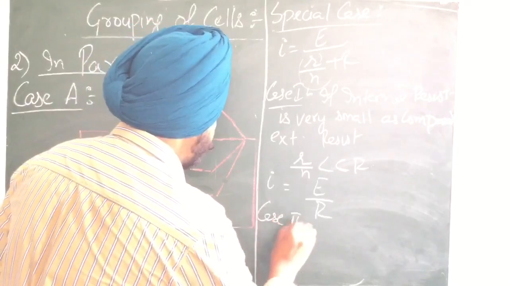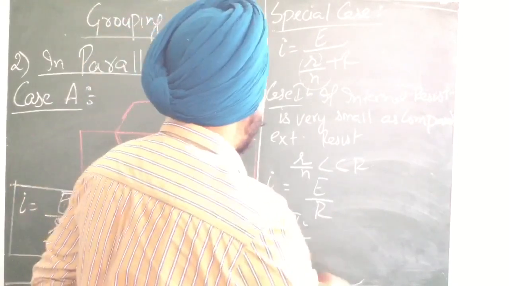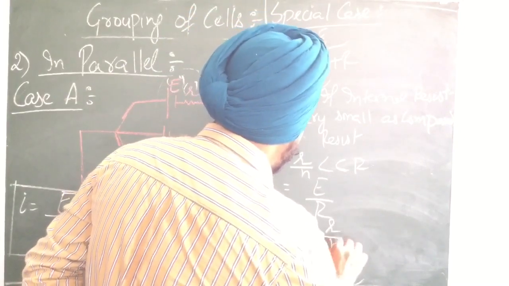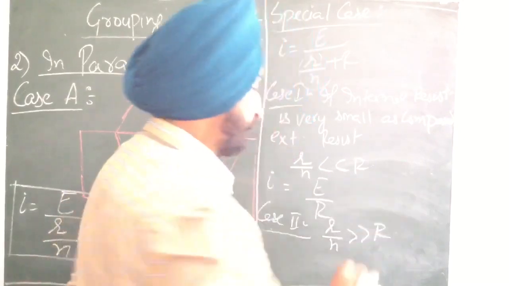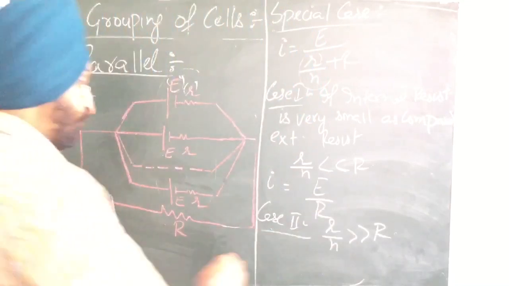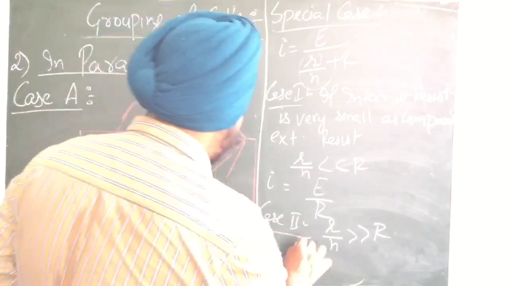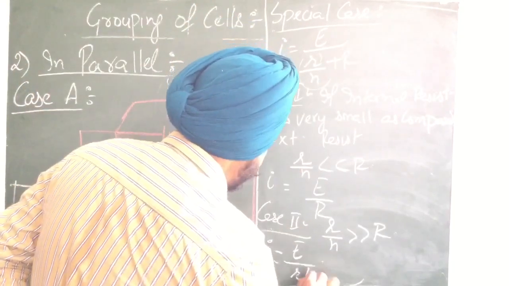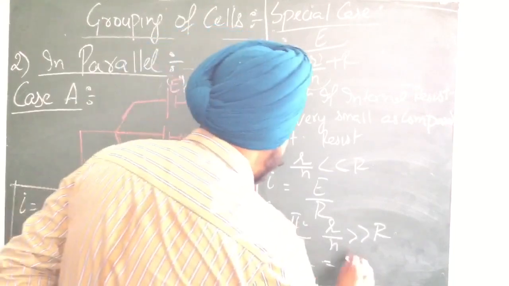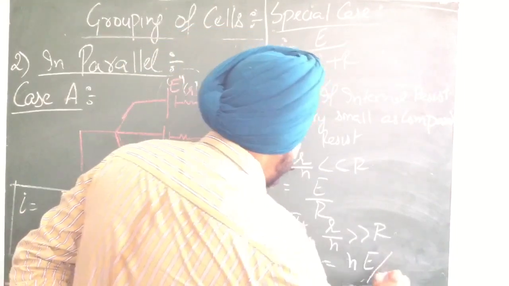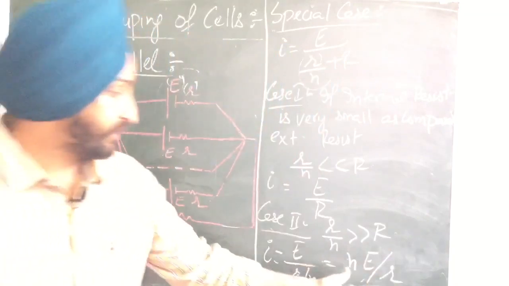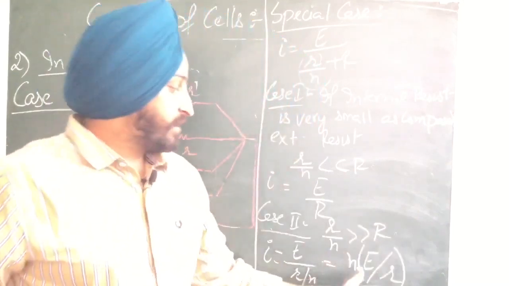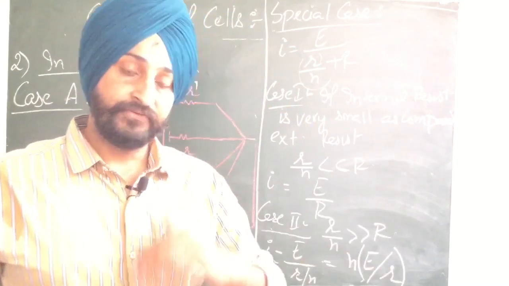And our case 2 would be if external resistance is very small as compared to internal resistance, that is if R by n is very greater than R. So now if this happens, what will be the formula for current? It would be equal to E by R will be neglected, it will be R by n. So this n will get multiplied with E, and we will be left with the formula for current equal to nE divided by R. So that is n times E by R. That means current will increase n times.